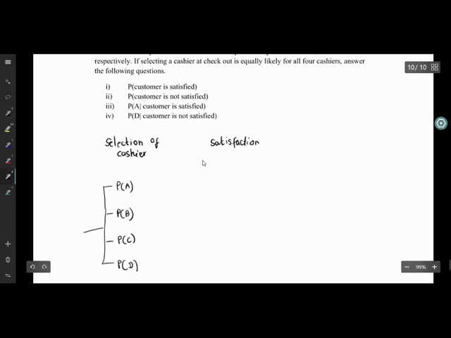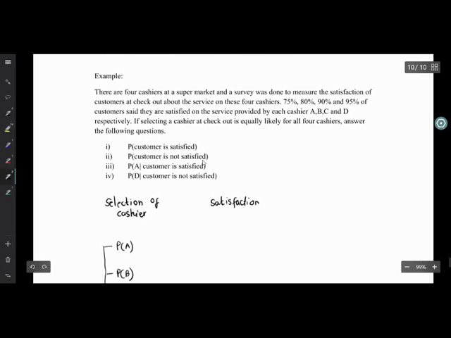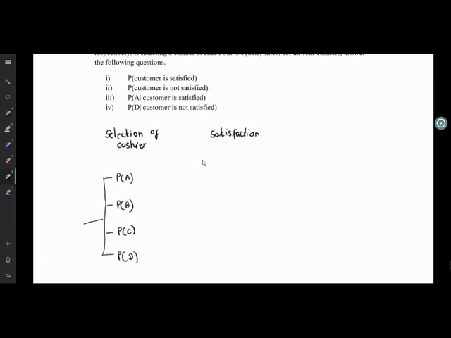For each cashier, the customer will say whether they are satisfied or not. So the next level will be satisfied, knowing that the service was from cashier A. Probability not satisfied, knowing that the service was from cashier A. So likewise, for all 4 cashiers, you get either satisfaction or not.